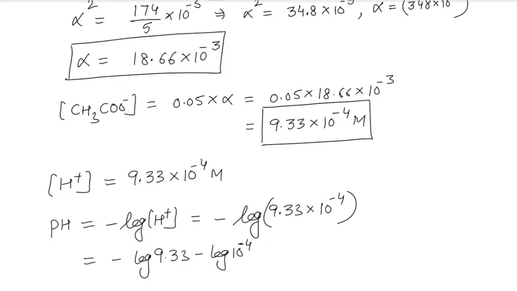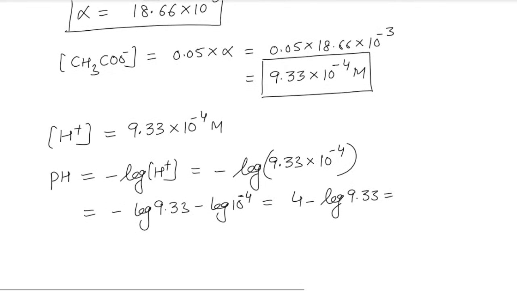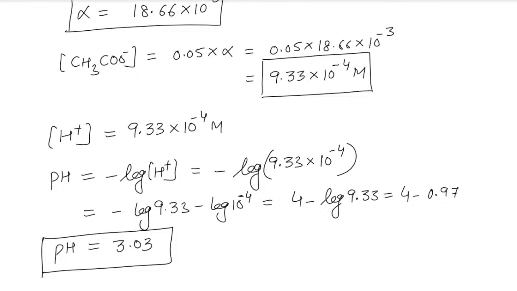Log 10 is 1, so it equals 4 minus log of 9.33. So what is log of 9.33? The number of digits before the decimal place is only 1, so it is 0. Now 93 and 3, so the value is almost 0.97. So it becomes 3.03. So this is the pH. That's it.